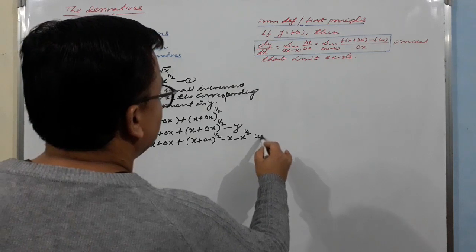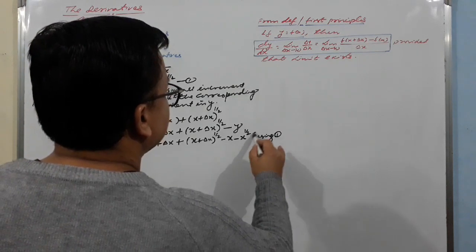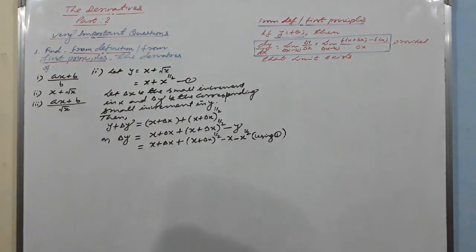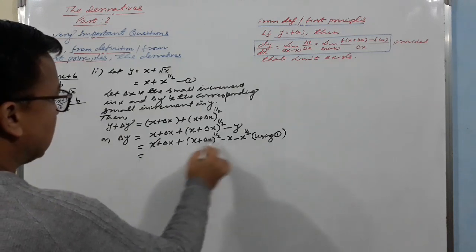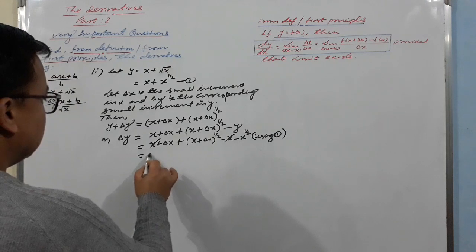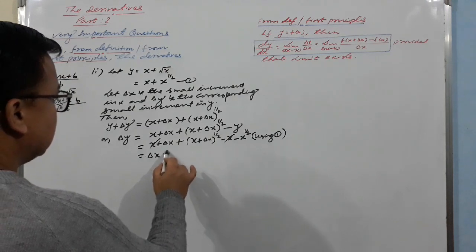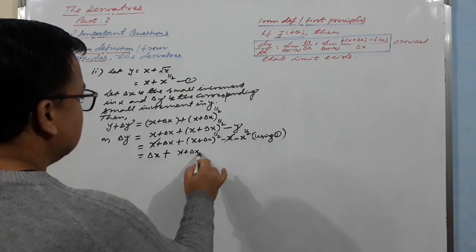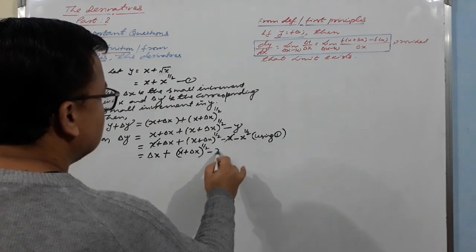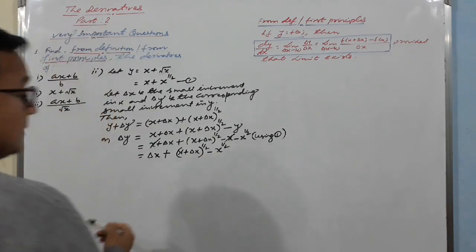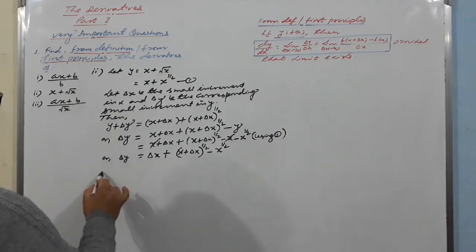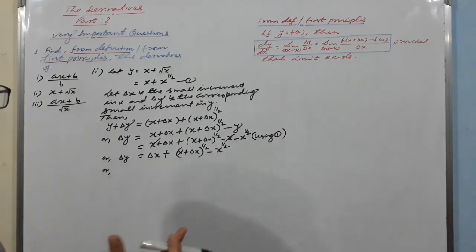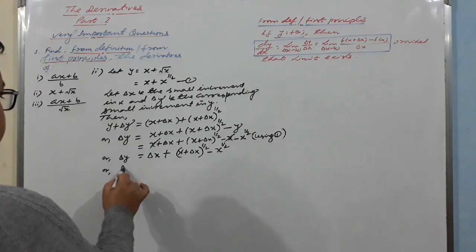Okay, using the first, here x minus x will cancel out, and we have delta x plus (x plus delta x) raised to power 1 by 2 minus x raised to power 1 by 2. Okay, done, no problem.